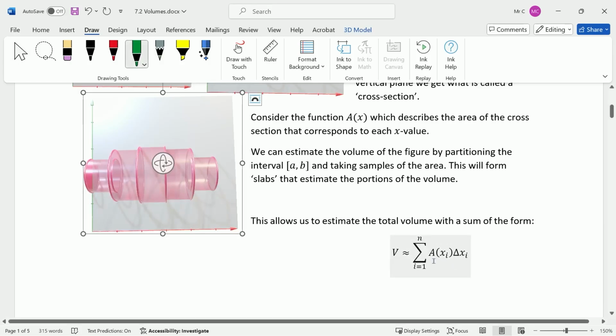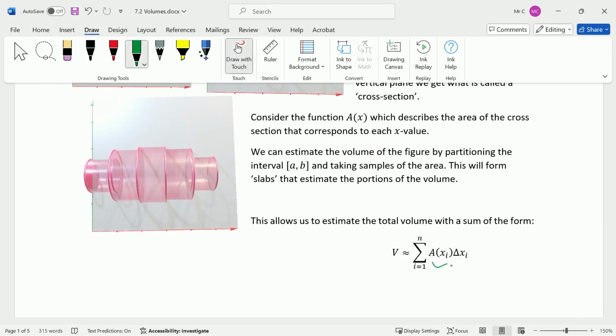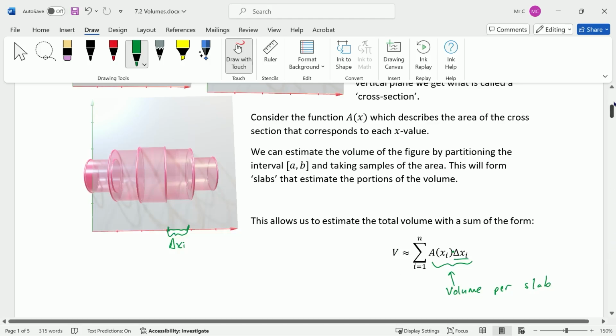So this then is our volume per slab. It's the area of the base of the slab times the height of the slab. But because this thing is horizontal, the height of the slab is really our delta x sub i, the width of this interval on the x-axis. So if we add up a bunch of those volumes of slabs, that should give us an approximation for the volume of the whole thing.